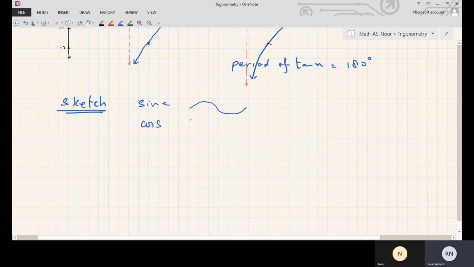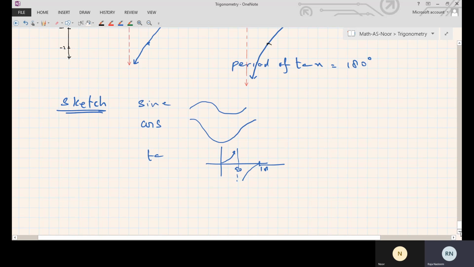When it is cos, you'll get some kind of bowl. And for tan, a dotted line at 90 degrees, and one part in the first quadrant will move up, and up to 180 degrees that would be moved down. So these are the shapes of the graphs.